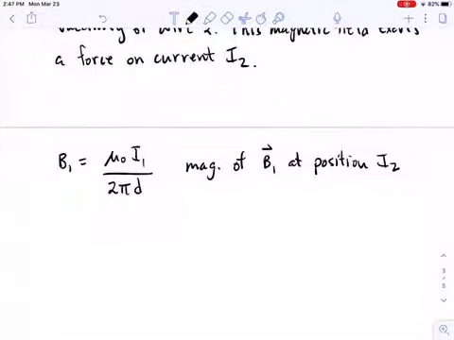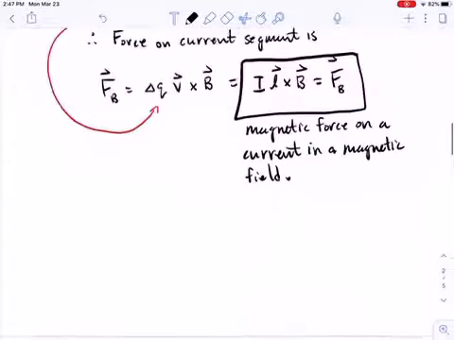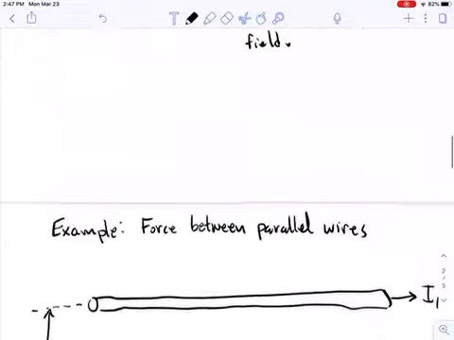Okay, so the force of wire 1 on wire 2 is going to have a magnitude of, well, let's just write that expression. It's going to be I2 times L cross B1.